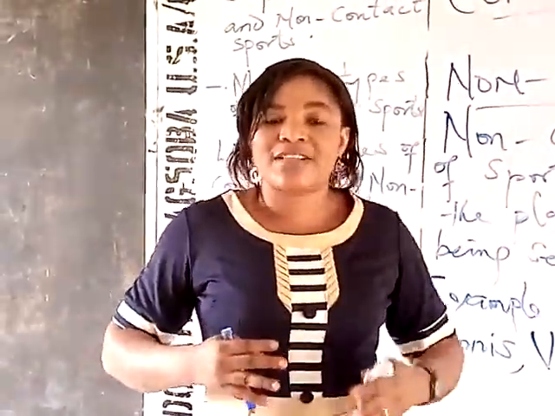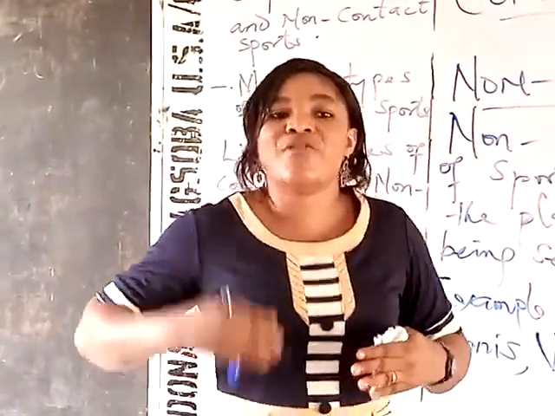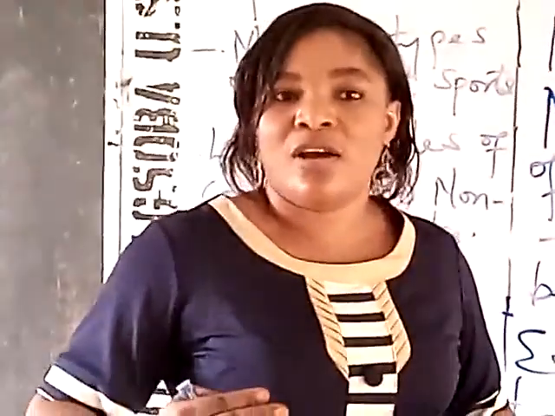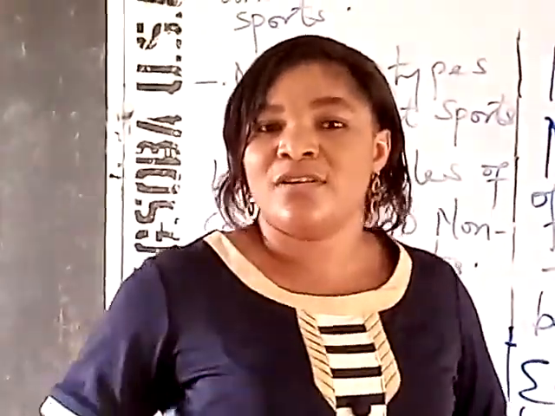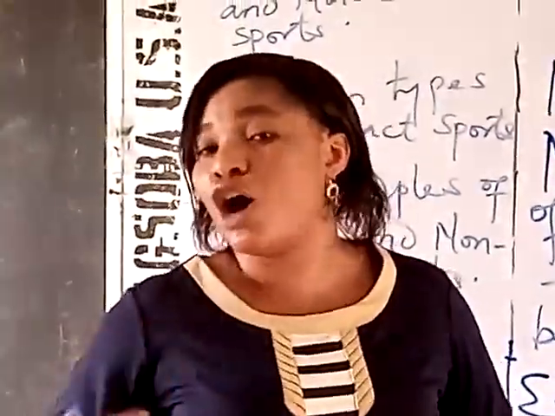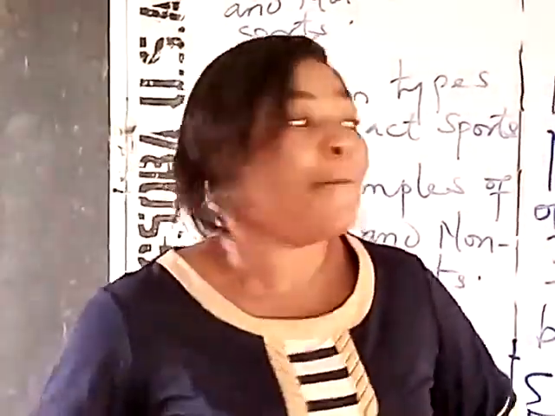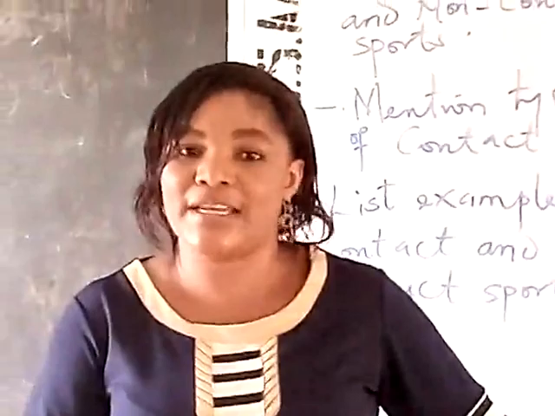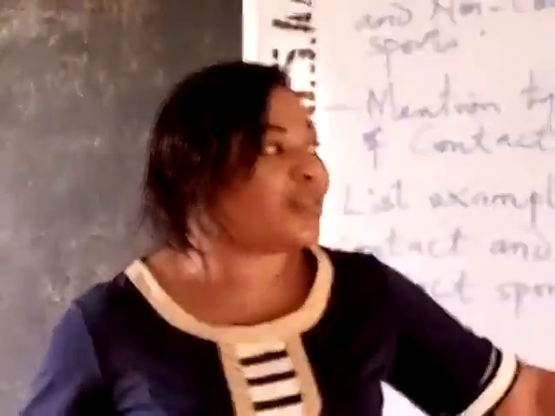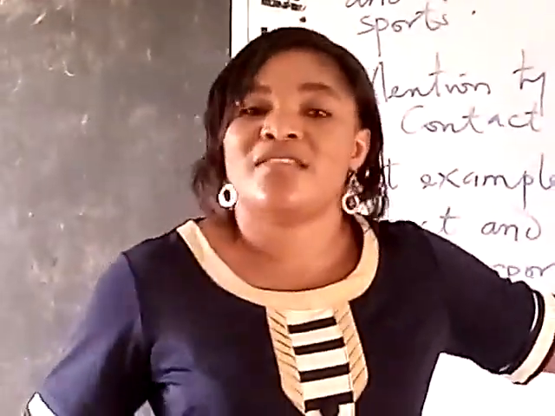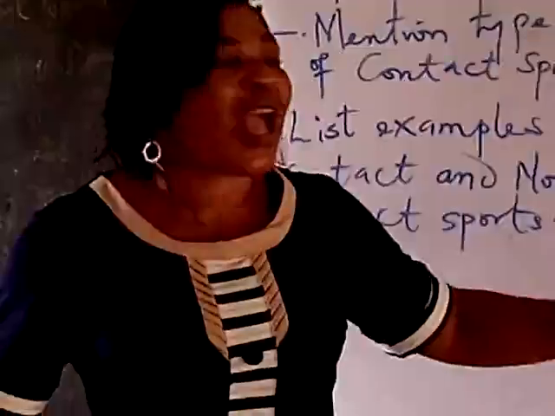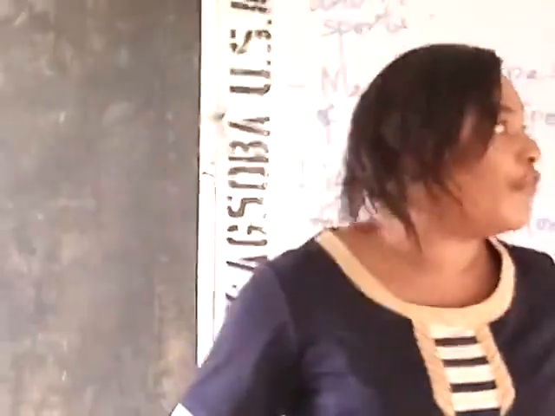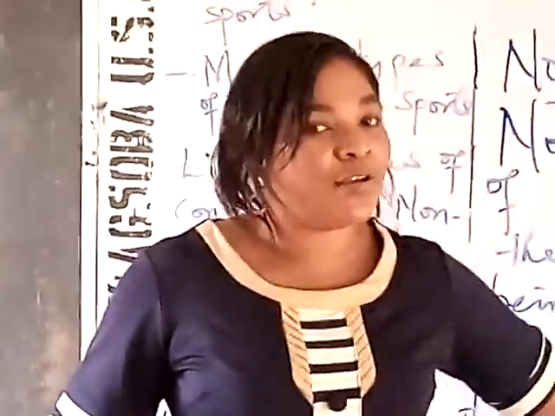In full contact, you and your opponent are in the same arena, fighting or competing to determine who is going to be the winner. But non-contact sport is another world entirely. In non-contact sport, the players or the athletes are being physically separated, and all those are examples of non-contact sport.